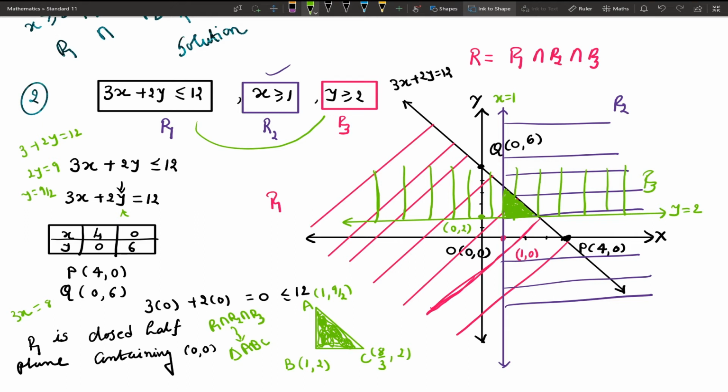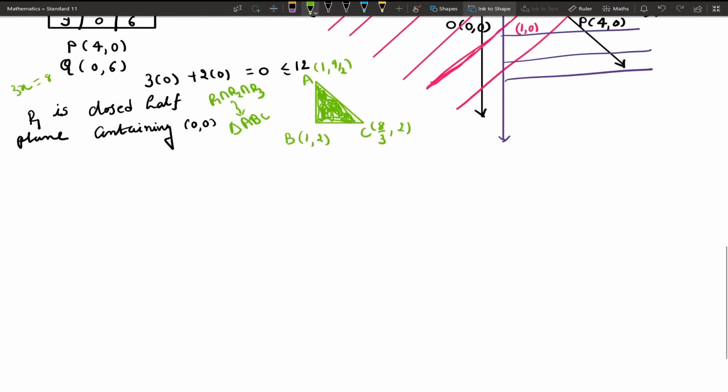If 3 inequalities are given, you get the region by R1 intersection R2 intersection R3, and for 2 inequalities you find R1 intersection R2. For only one inequality in the 2-dimensional plane, you draw the line and discuss the solution by closed half plane or open half plane.